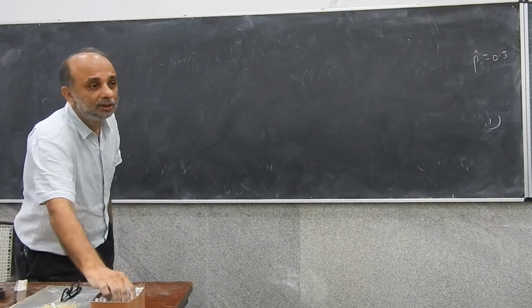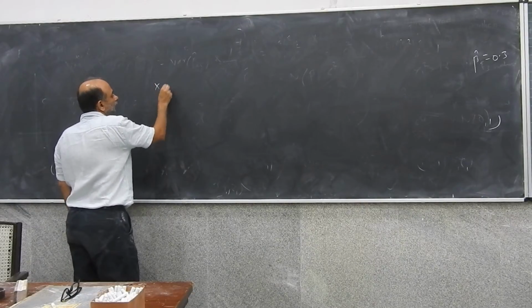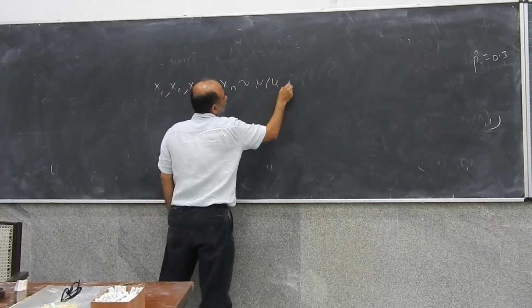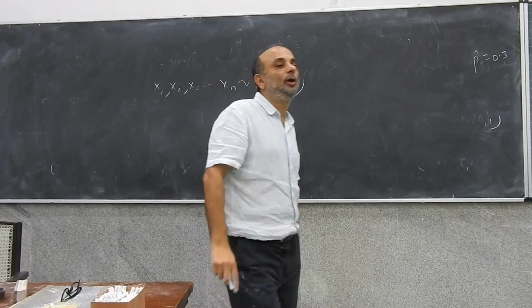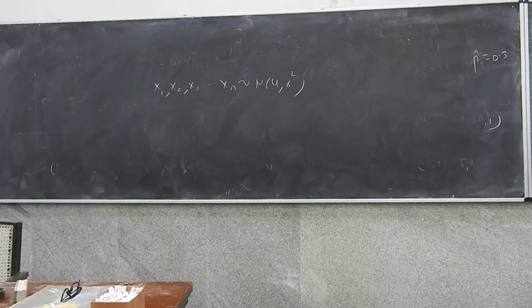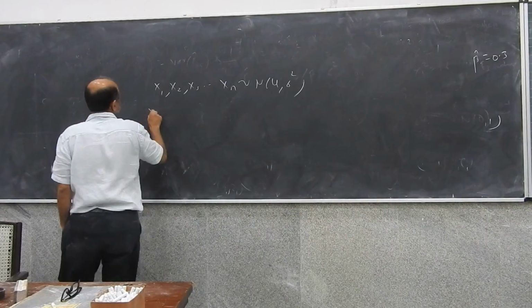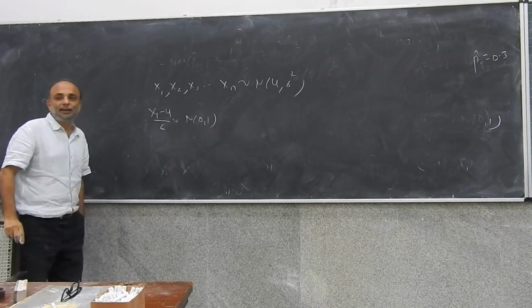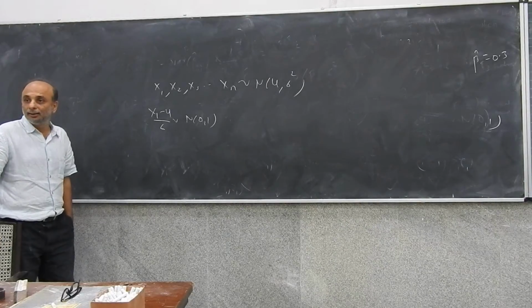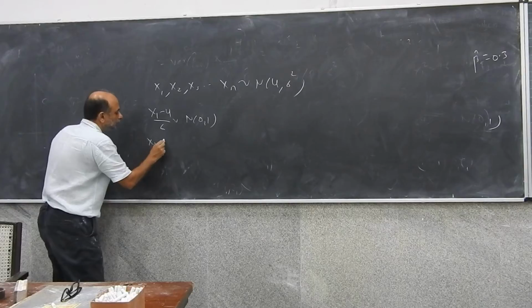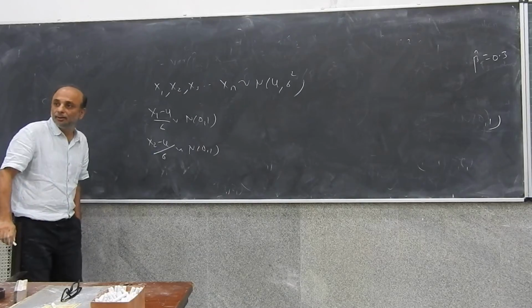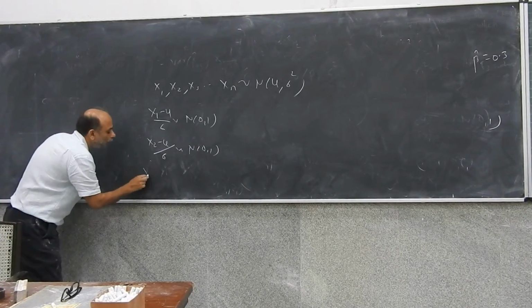So now, suppose you have x1, x2, xn, all coming from a normally distributed population with mean mu, variance sigma square. So you know x1 minus mu by sigma is the standard normal by definition, and so on.